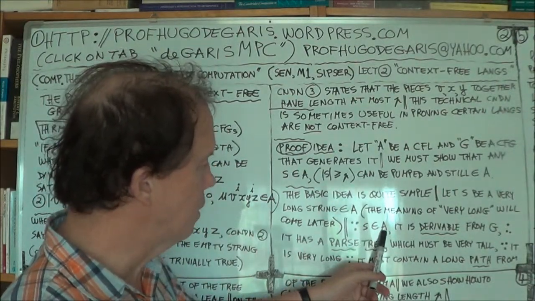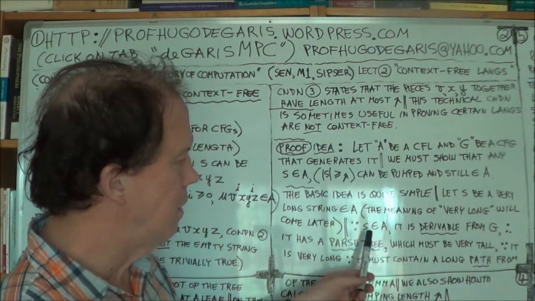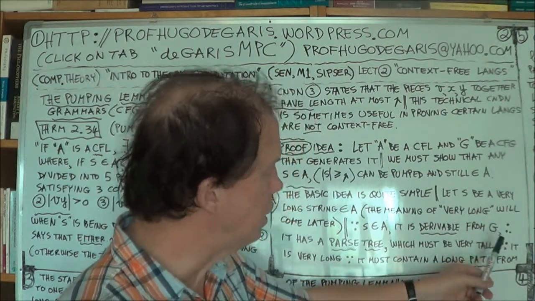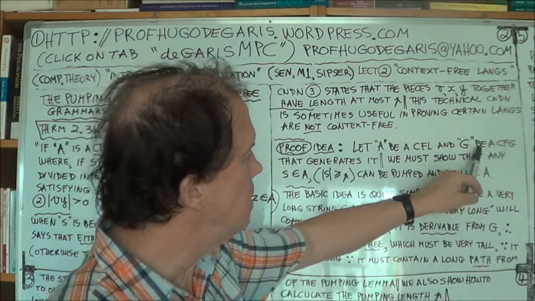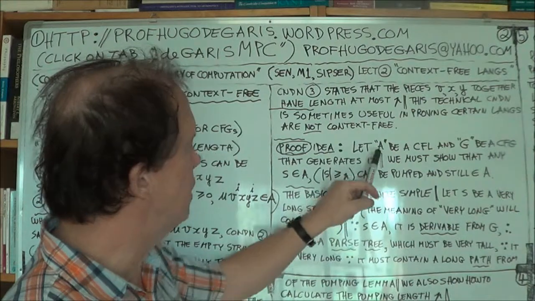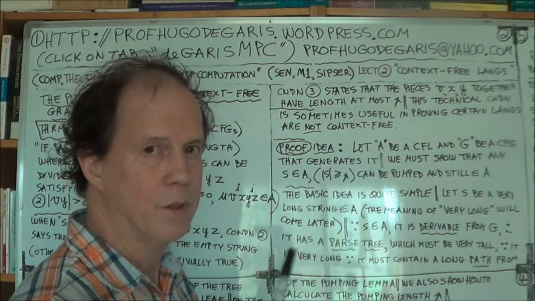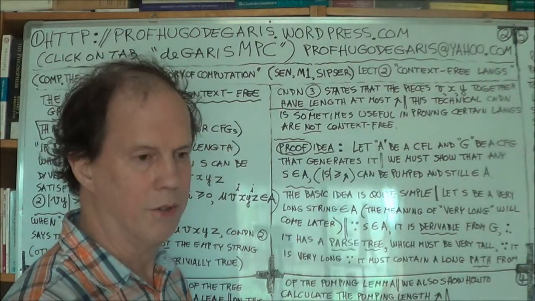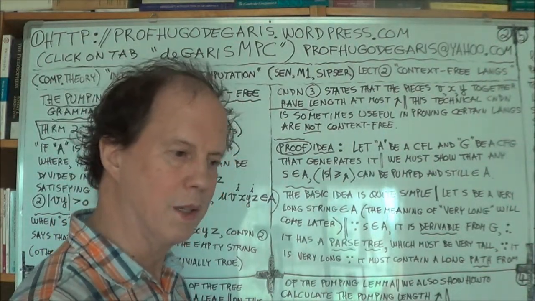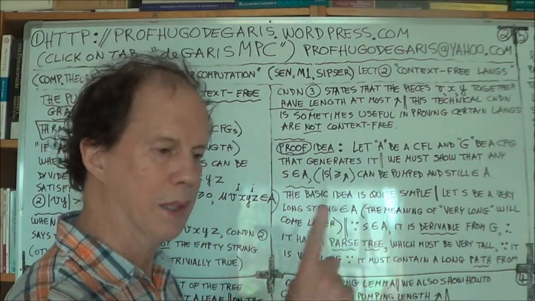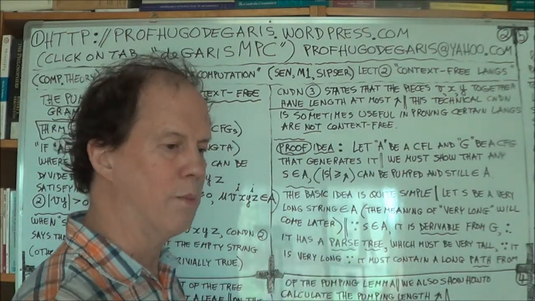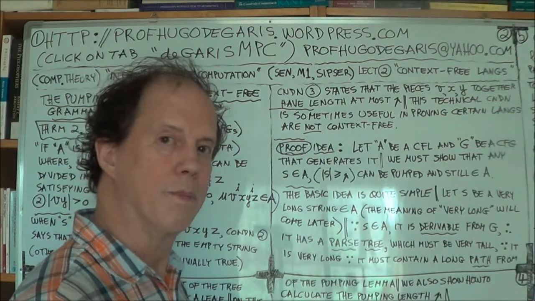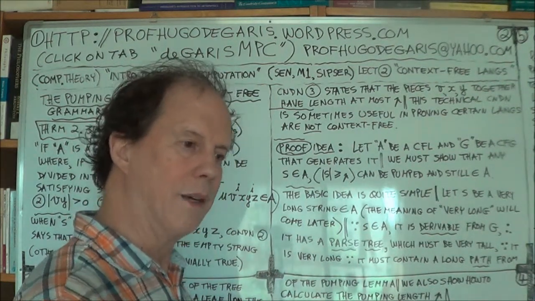Now it's a string and it belongs to this language A, and therefore by definition it's derivable from the grammar G. Remember, this G is the context-free grammar that generates this language. I assume you're familiar with that concept now. What do grammars do? They generate strings, and all the strings that a particular grammar can generate, that's the language generated by that grammar.